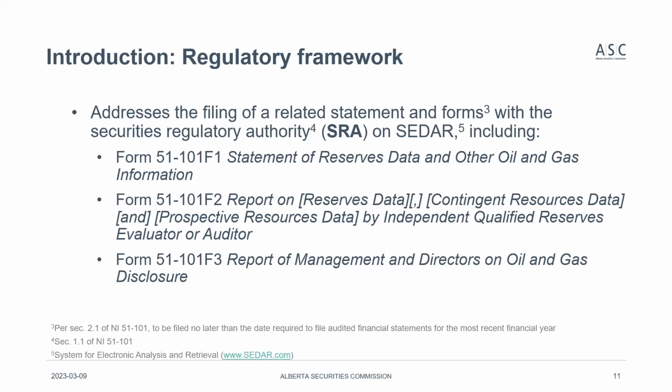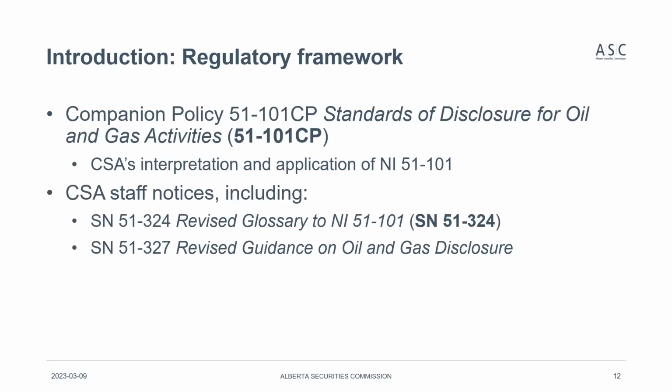The F2 is the report on the reserves data, contingent resources data, and prospective resources data by independent qualified reserves evaluators or auditor. And the F3, which is the responsibility of management and directors, is the report of management and directors on oil and gas disclosure. We'll talk about those in more detail as we get towards the end of the presentation today.